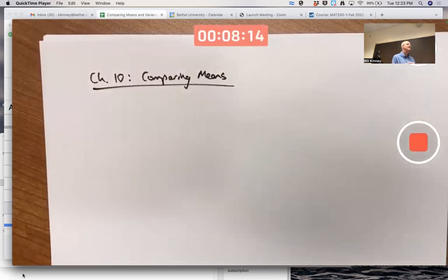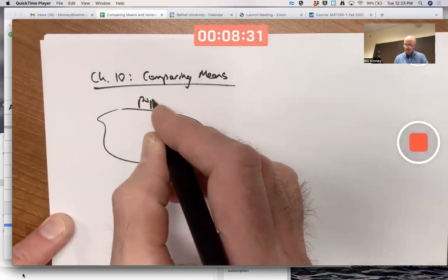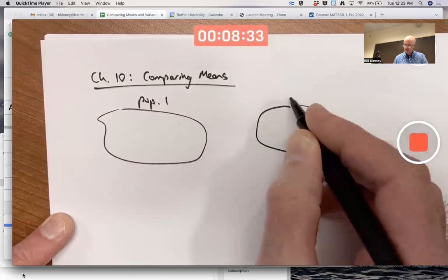Though there is an important subtopic to help you understand how to compare means, in that it's helpful to also understand how to compare variances. But let's first focus on the means. So you've got two populations, population 1 and population 2.